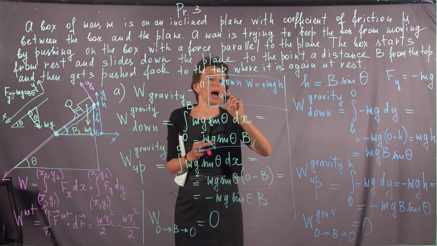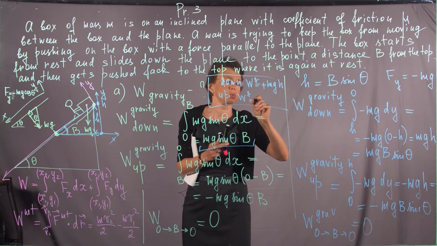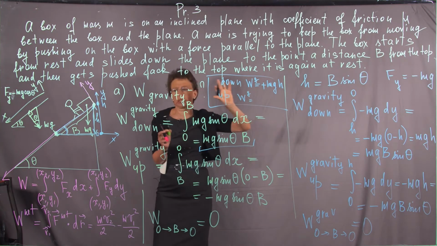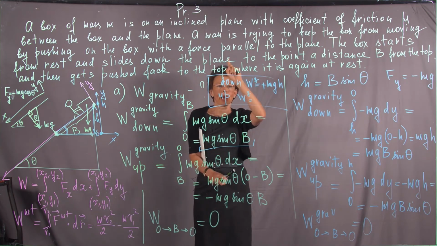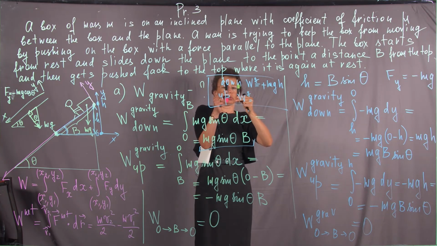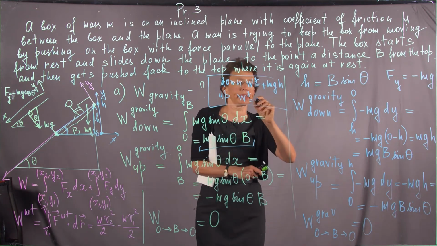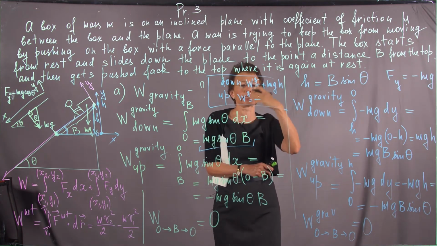Now on the way up, what is work done by gravity without any integrals? So on the way up, the displacement is up and gravity is down. So they are anti-parallel. Dot product, cosine pi is -1. The anti-parallel work is negative.